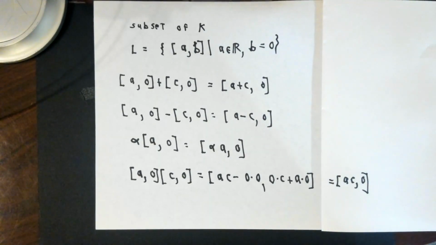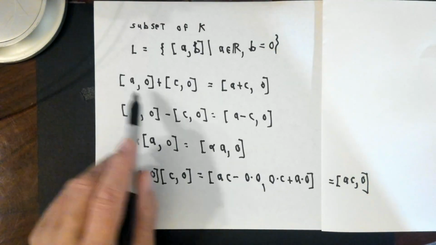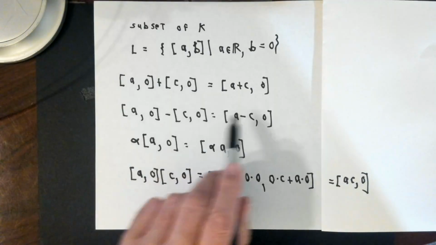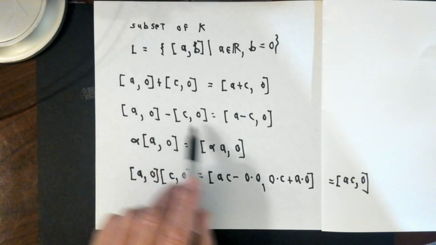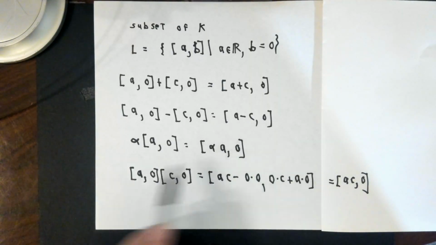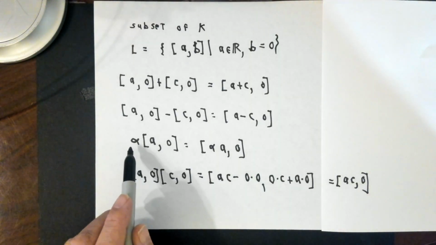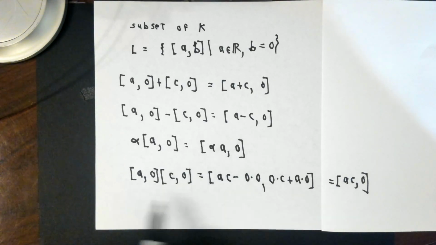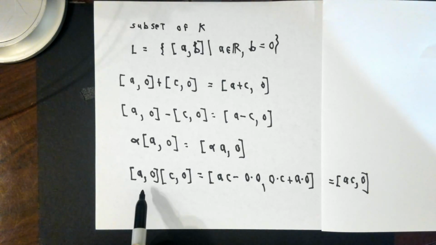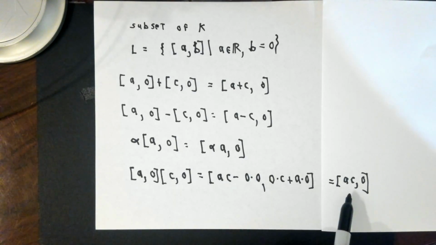All of these quantities have a 0 in the second position, and since we now know what it is, we can ignore it and think A plus C, A minus C, alpha times A, and A0 times C0 is AC, comma 0.